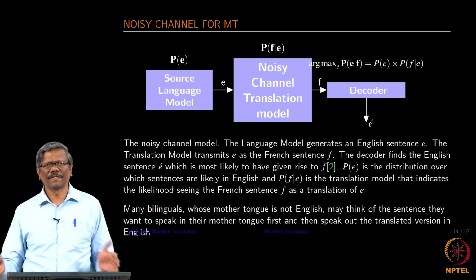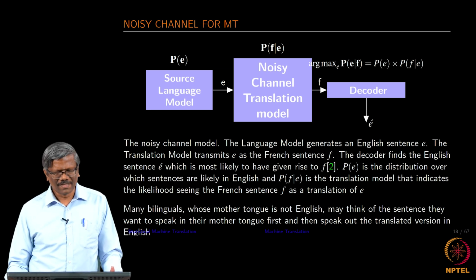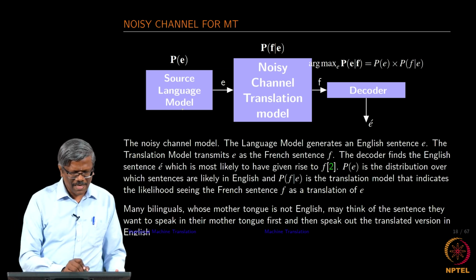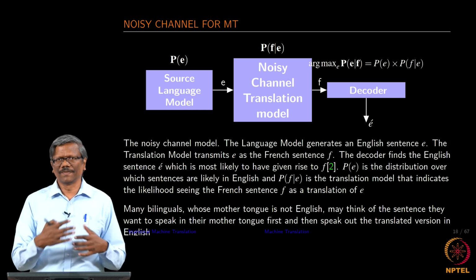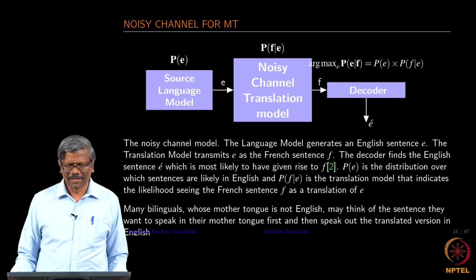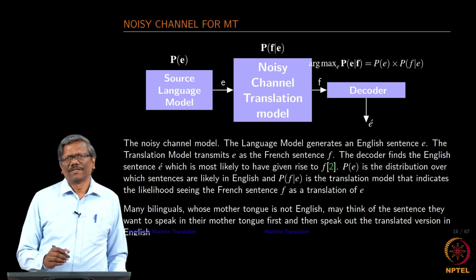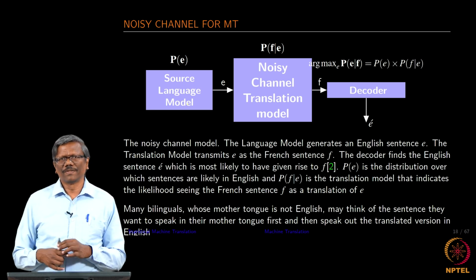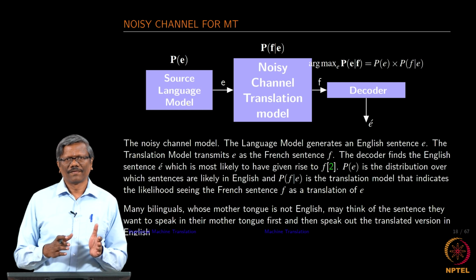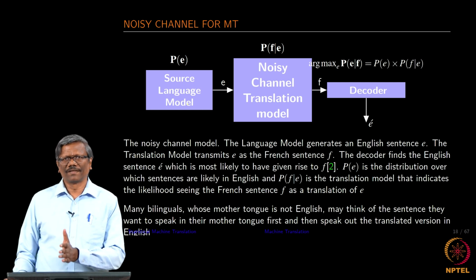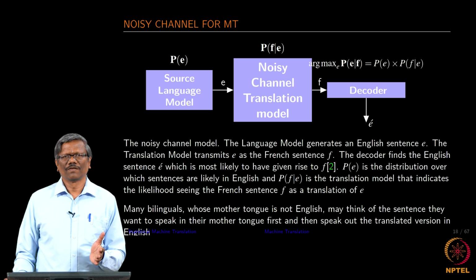If you map the noisy channel to machine translation, we have the source language model that generates the source language, and then the noisy channel can be considered to be a translator. Given an English sentence, translate it into French.